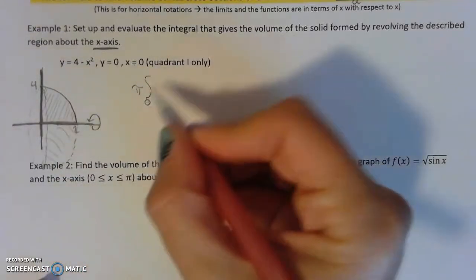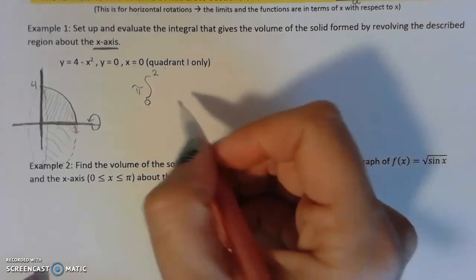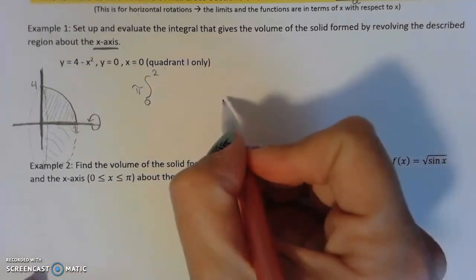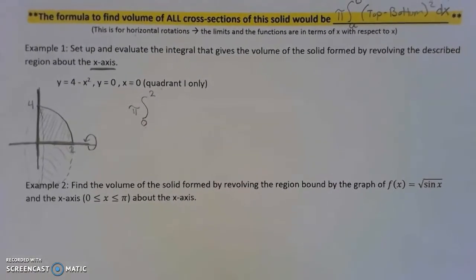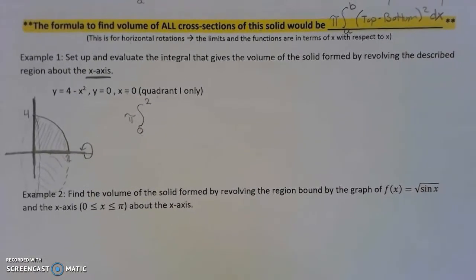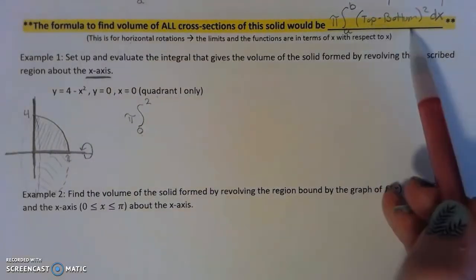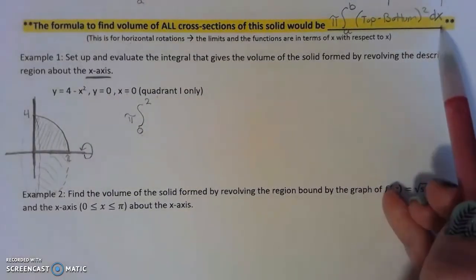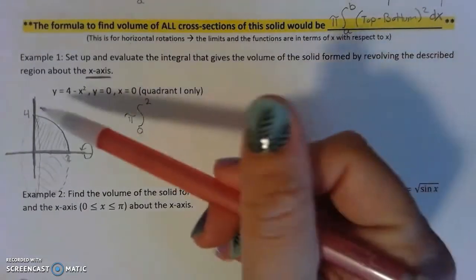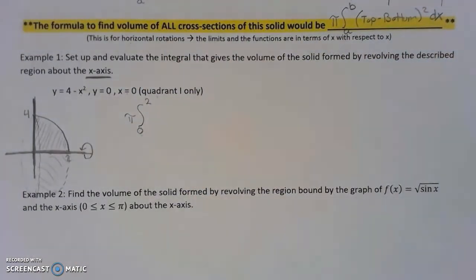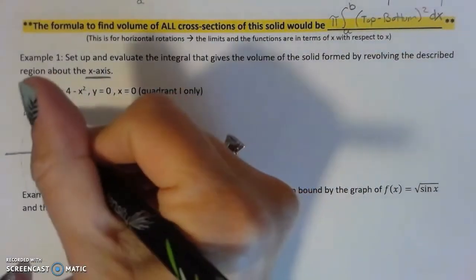So this is going to be from 0 to 2. Then our functions here have to be in terms of x. And remember from what we said before, we need a top function minus a bottom function, squared, then dx.